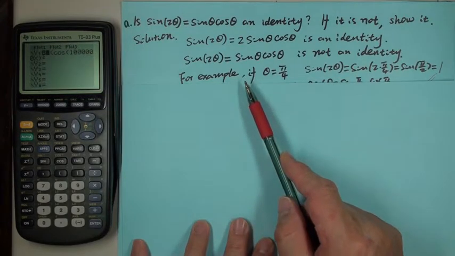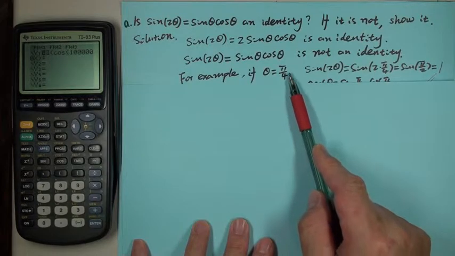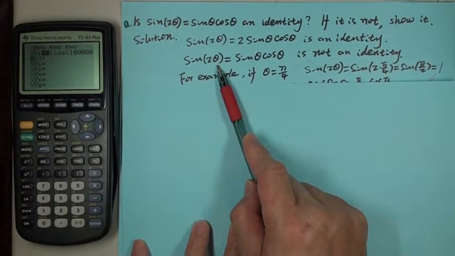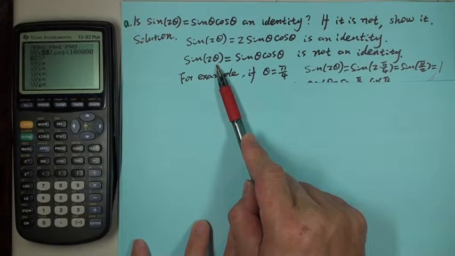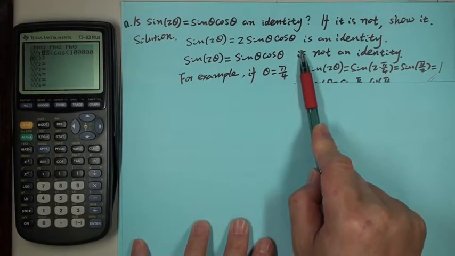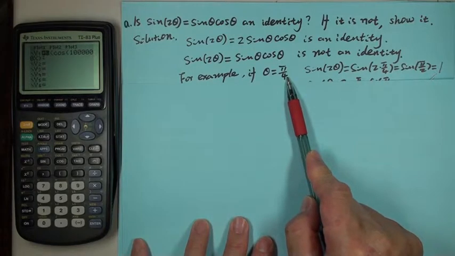Here we may choose pi over 4. Some of you may choose pi over 6 to check it, and you may find out it's not an identity also. So here let's choose pi over 4.